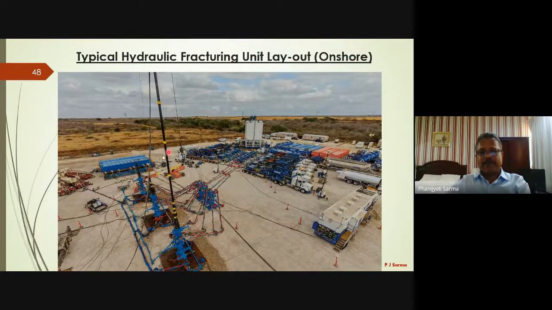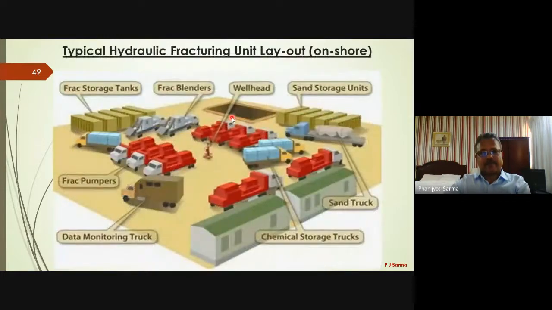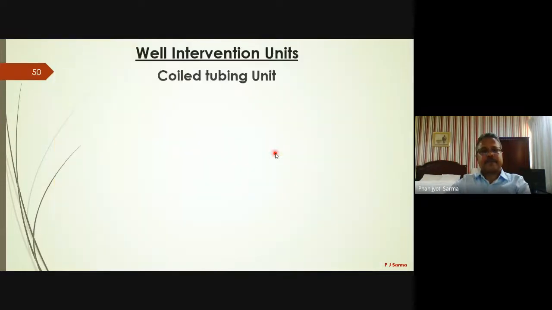All these equipments are laid out, and you can see the whole plinth is totally busy. It is not a very simple process. A lot of planning, a lot of risk mitigation analysis needs to be carried out. So this is a typical hydraulic fracturing operation onshore. And this is just a block diagram, the same thing.